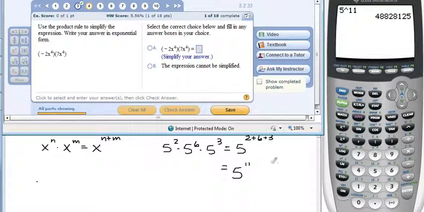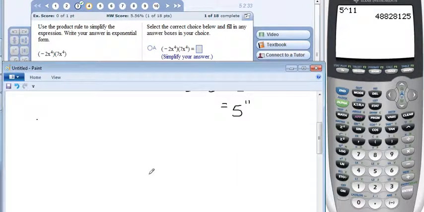All right, we need some more rules. First of all, if you have a power raised to another power, you multiply those two. What if you have more than one thing on the inside?